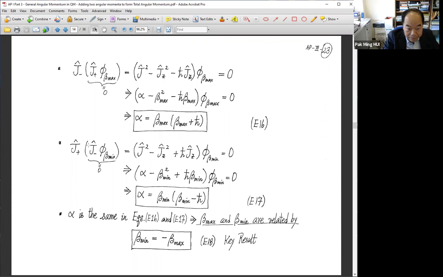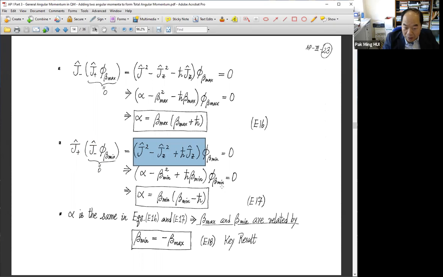Similarly, we can work at the lowest end. J minus operating on the eigenstate with the most negative component should give 0. By definition, cut it off. Now we operate J plus on it. J plus operating on 0 is 0. But this combination is this.